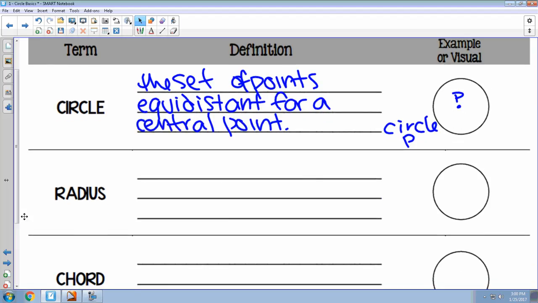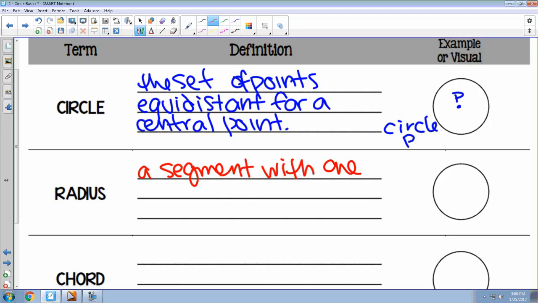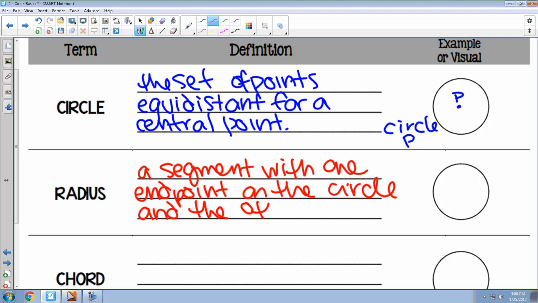Going to the next one. A radius is going to be a segment with one endpoint on the circle and one point at the center.